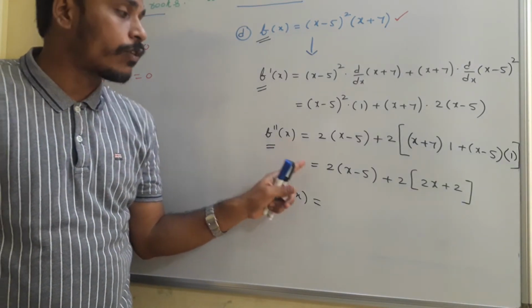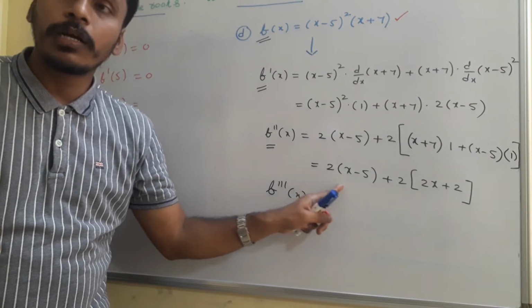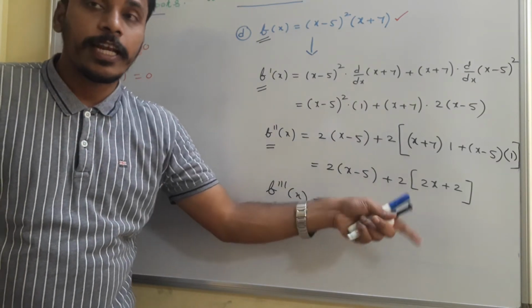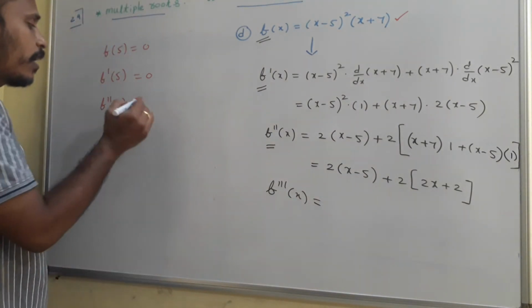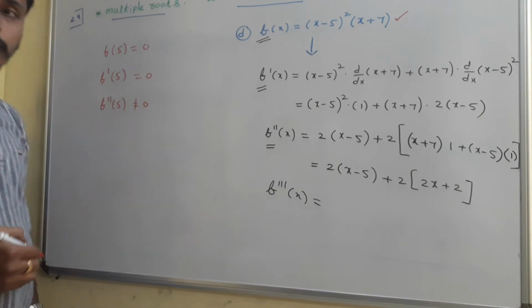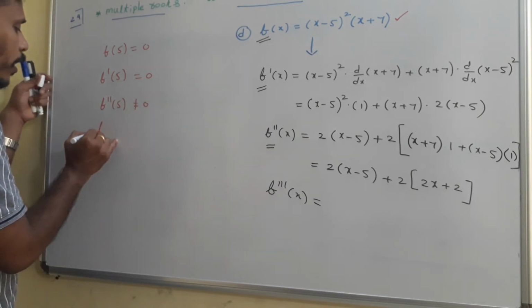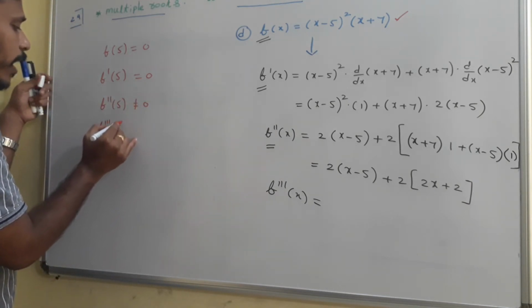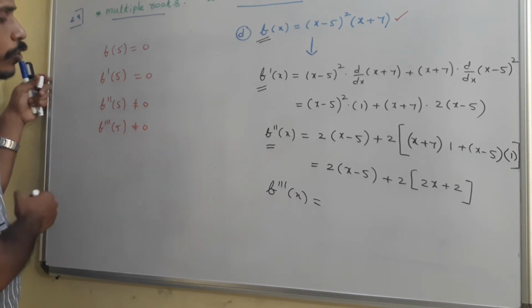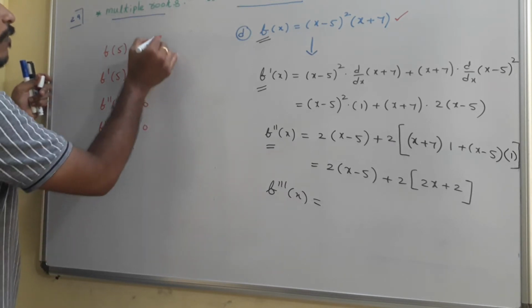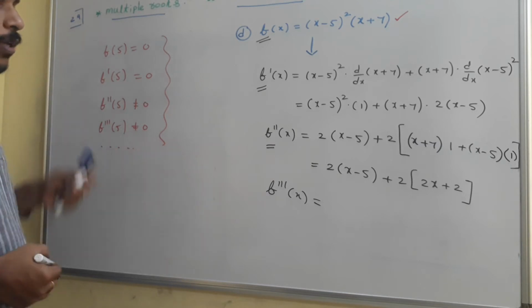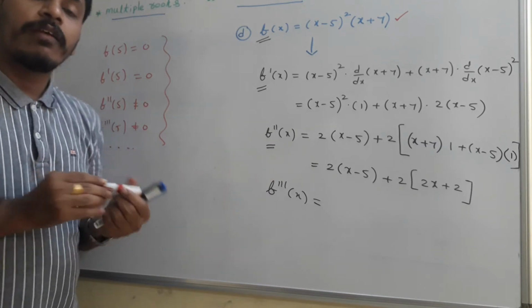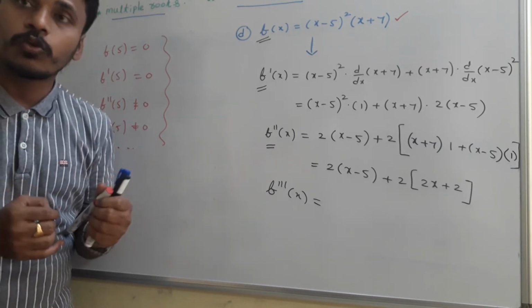When you replace x with 5 here, this term will become 0. But what about this? It is not 0, right? And that's why f double dash of 5 is not equal to 0. In the same way, if you continue, f triple dash of 5 is also not equal to 0. We need to observe all these values at x equal to 5.